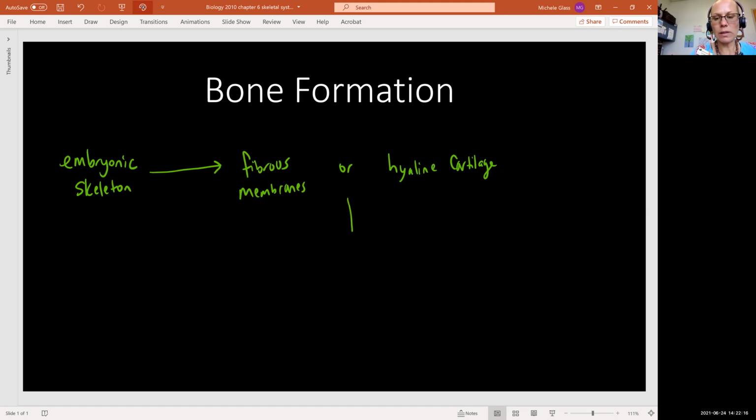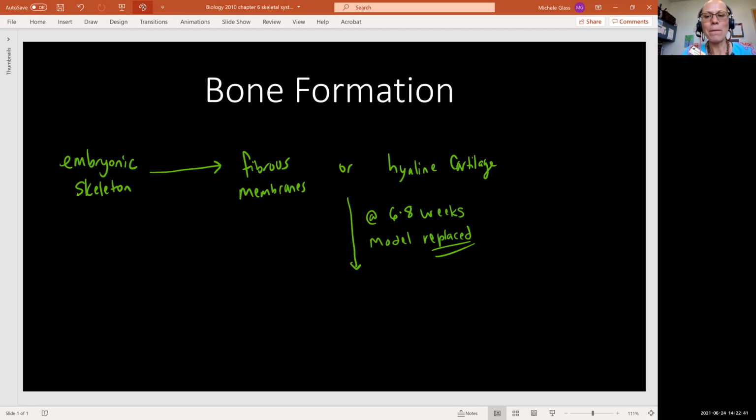And then what we see happening at about 6 to 8 weeks of development, we get the model replaced. So it's not that cartilage turns into bone. It's not that fibrous membranes turn into bone, as in first they were cartilage and then they're bone.